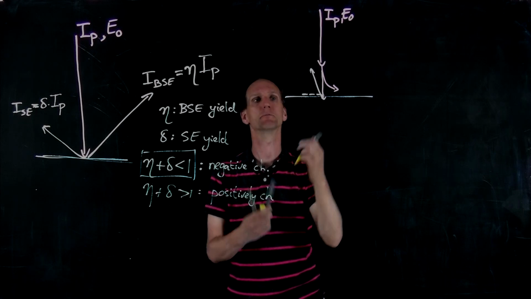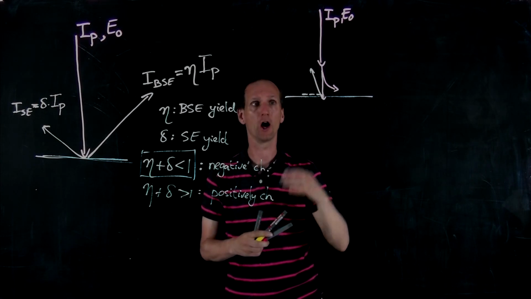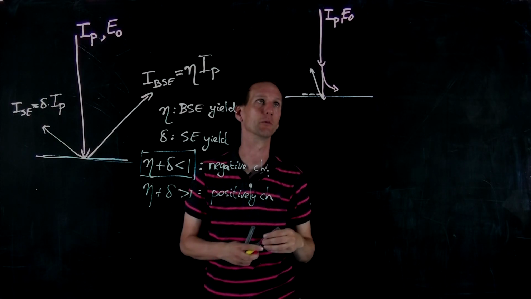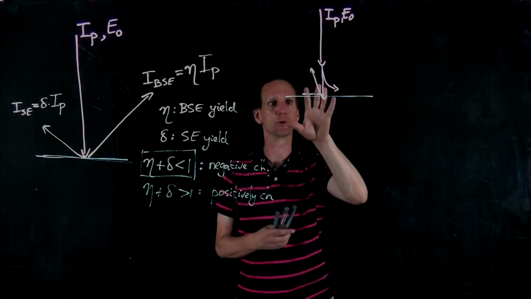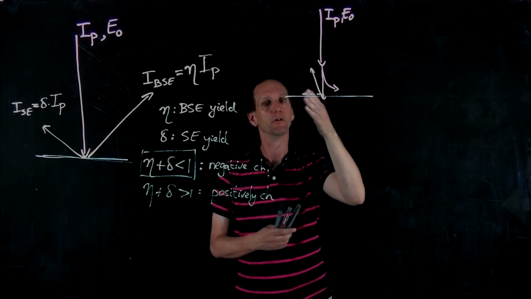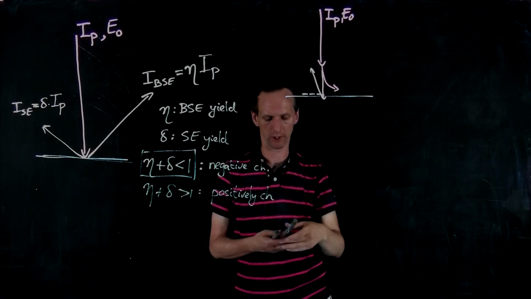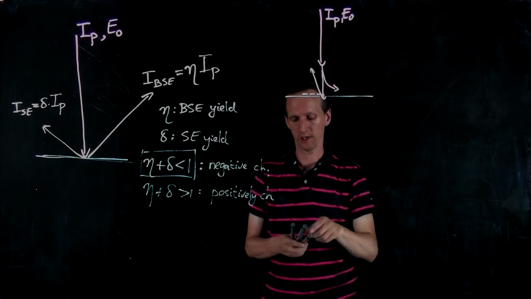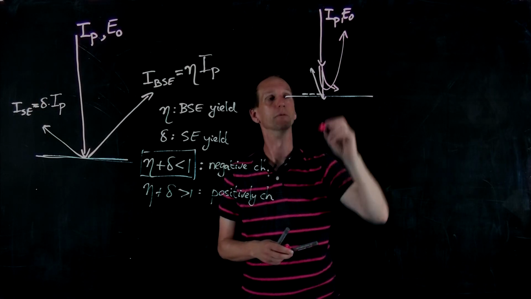So the signal may actually be brighter because maybe more secondaries or higher energy secondaries are ejected from the sample. Now, of course, in an extreme case, if the sample would substantially charge and the field buildup here will be higher than the incoming electron beam potential, the electron beam may also just deflect fully.